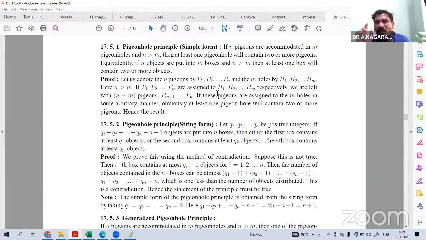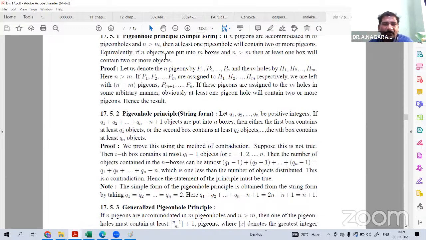If n pigeons are accommodated into m pigeonholes, meaning boxes, pigeons meaning balls, and n is greater than m, then at least one pigeonhole will contain 2 or more pigeons. This is called the pigeonhole principle of the simple form.